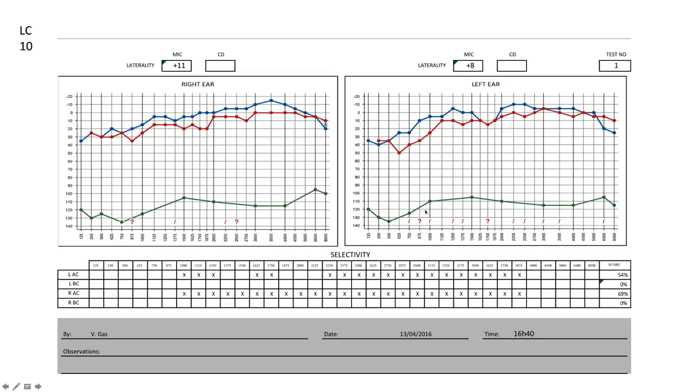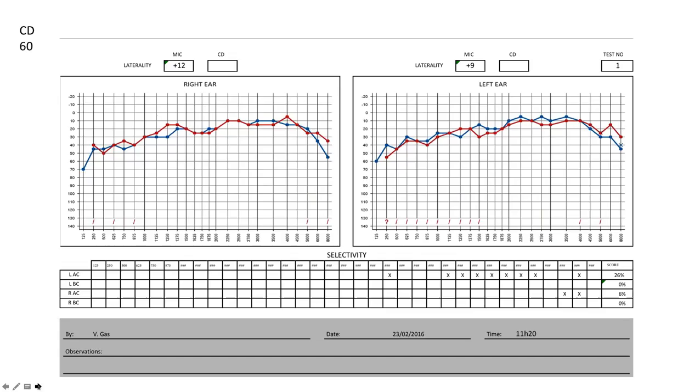We have a lot of errors of spatialization, but the bone and air curve are not bad. There's a little bit of imbalance in the vestibular area, so working with the F and the emotion 1B, which are quite close, could be a good possibility for this type of difficulty.